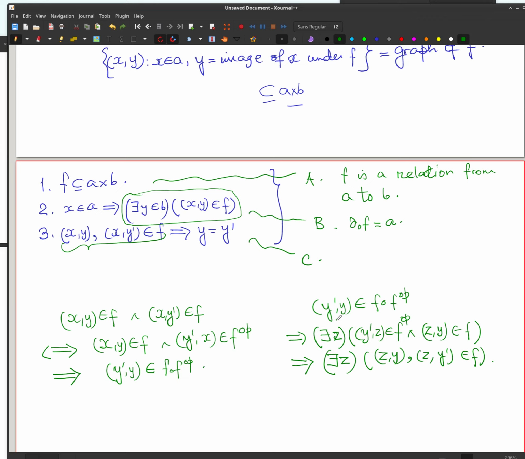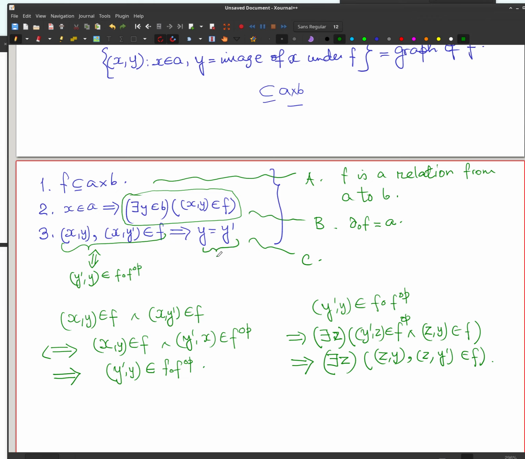Well, here your y and y' are already there. So this statement, as I said, is an implication statement, so the hypothesis part is the same as saying (y', y) is a member of F composed F op.